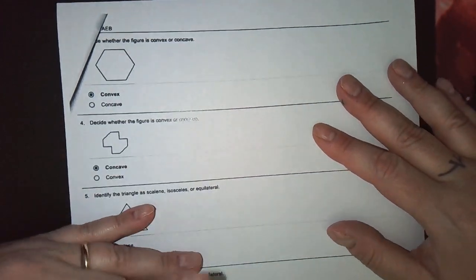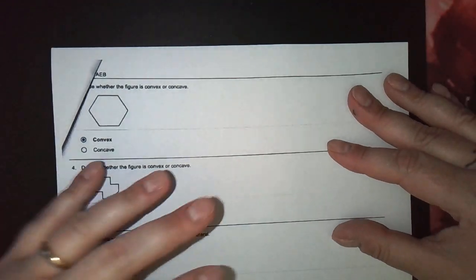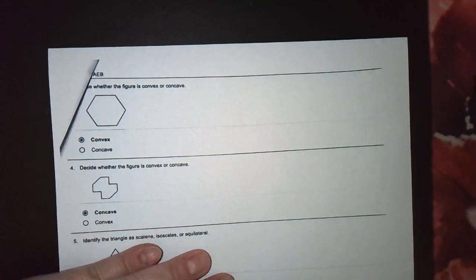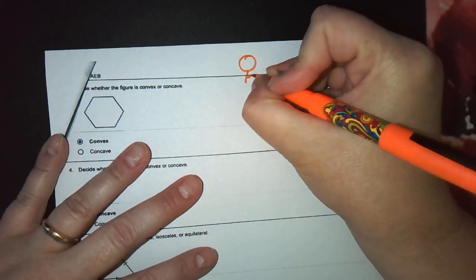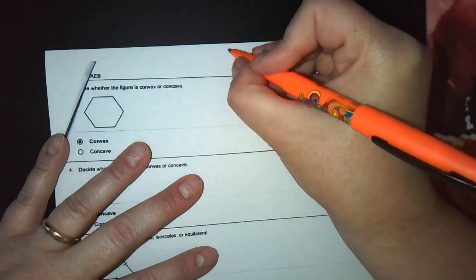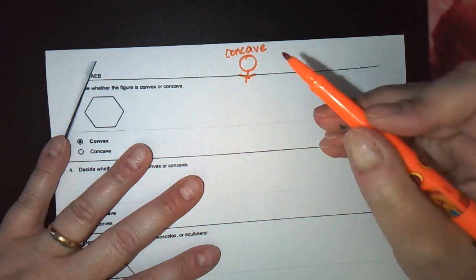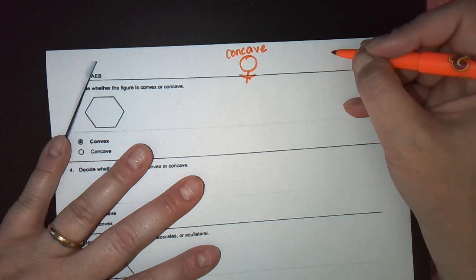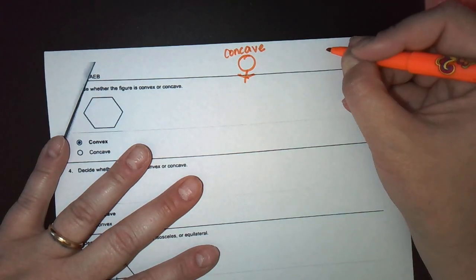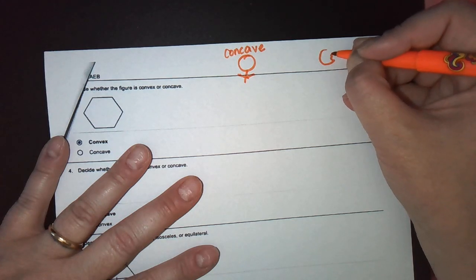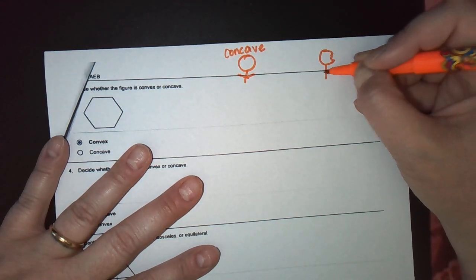Convex and concave. The way I remember convex and concave is, concave is like this person, but let's say this person gets punched in the face and they look like okay, that now, because their face gets punched in.